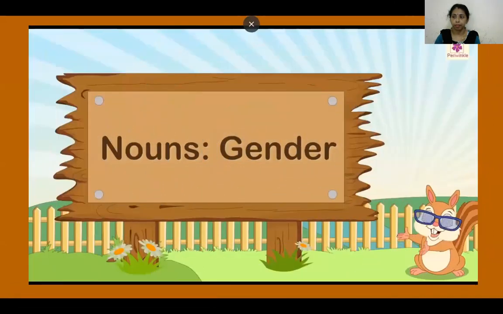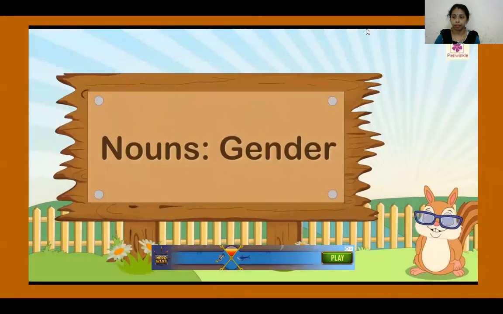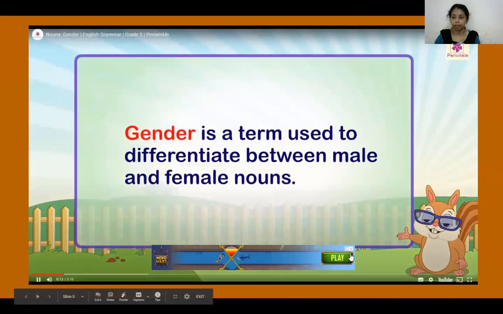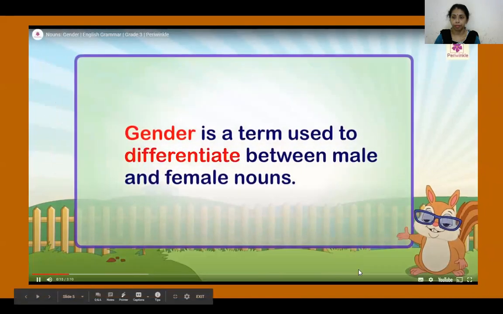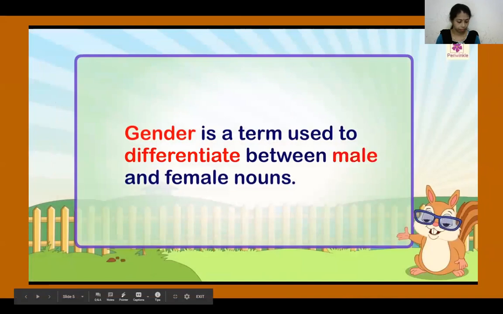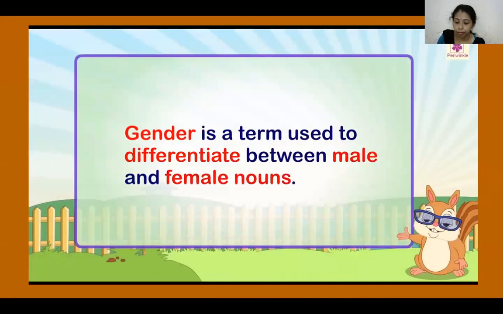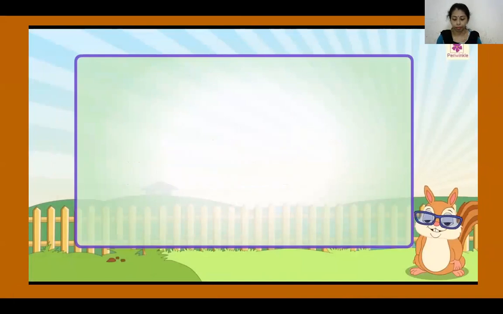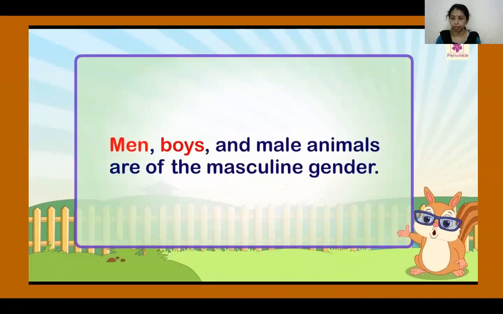Nouns. Gender. Gender is a term used to differentiate between male and female nouns. Men, boys, and male animals are of the masculine gender.